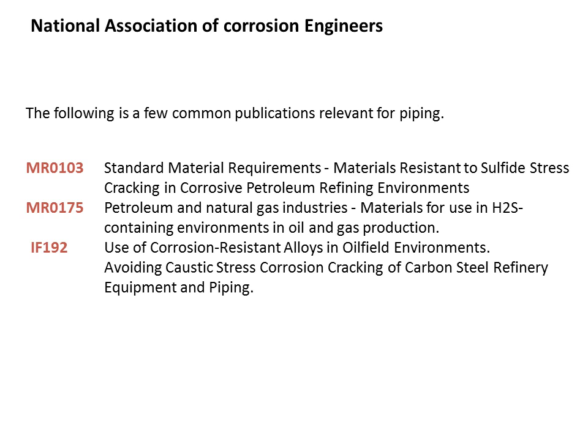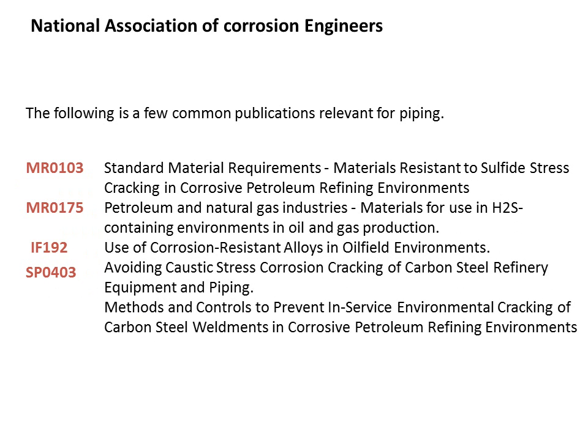We have a standard for avoiding caustic stress corrosion cracking of carbon steel refinery equipment and piping, and that is SP0403. NACE standard for methods and controls to prevent in-service environmental cracking of carbon steel weldments in corrosive petroleum refinery environments is SP0472.